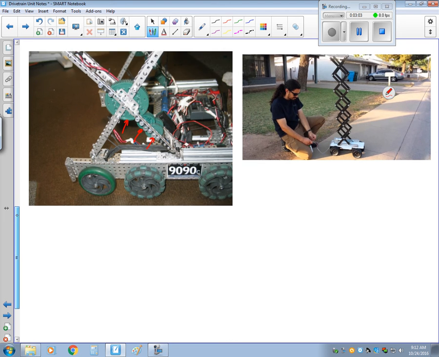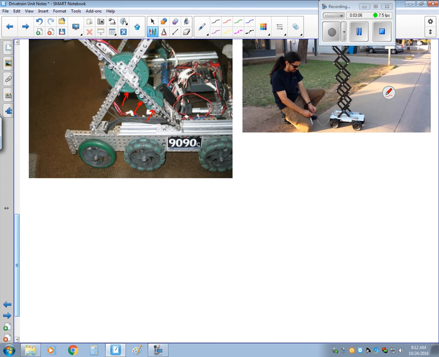For scissor lifts, we have a kind of a special formula to calculate the output torque needed. So we got the force times distance times cosine of theta, all of that divided by 2.